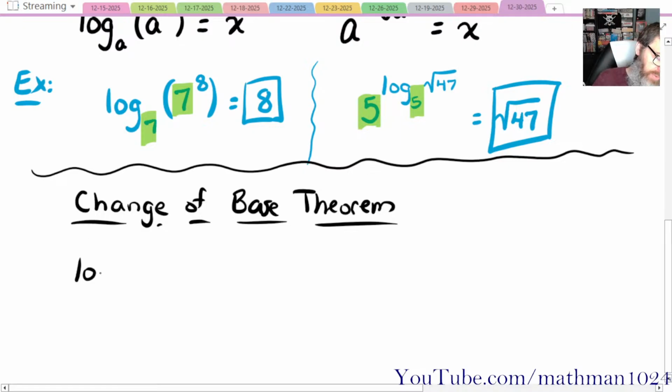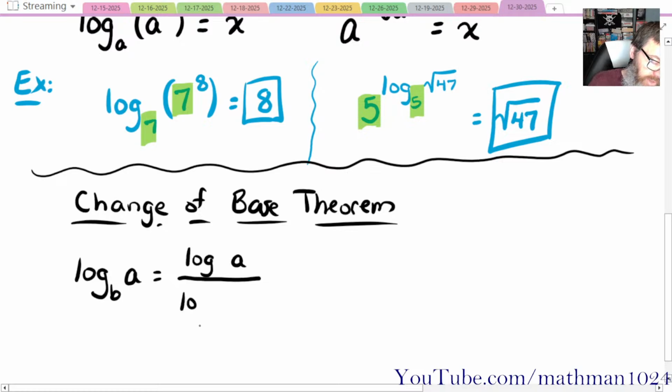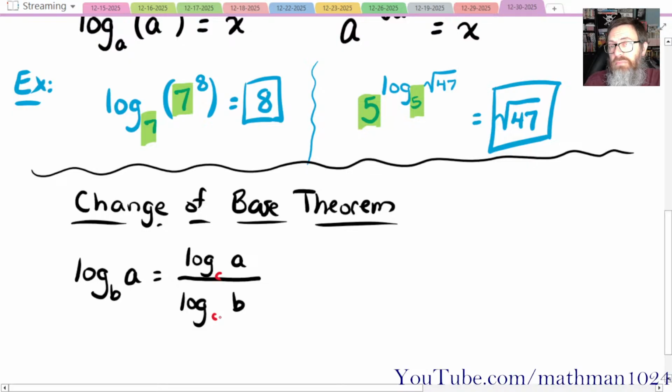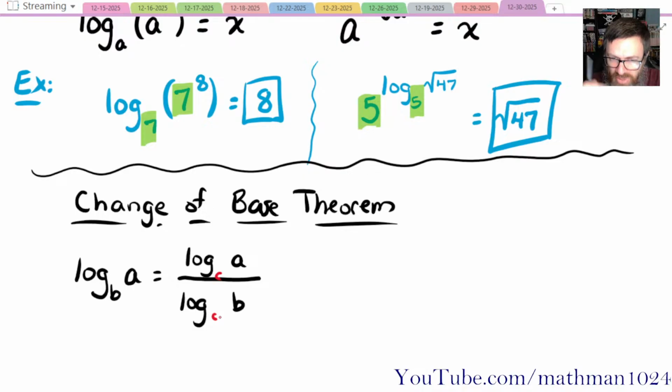It says that if you have an expression that says log base b of a, you can rewrite this as the quotient of two logs, log a over log b, provided that you pick some common base. So let's call that base c. Now please notice that the base is the piece that you see in the denominator there, log base c of b.